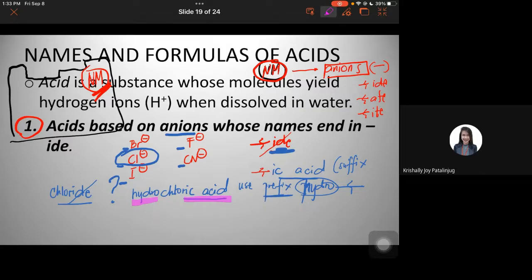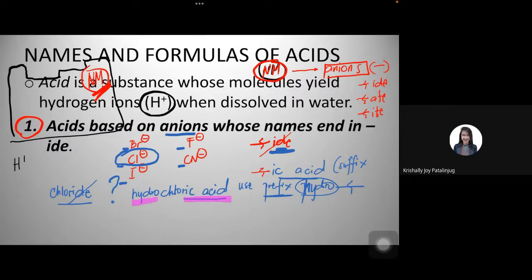Now, next question, how do you write the formula of hydrochloric acid? Remember, acids are said to be proton donors, or they yield or release hydrogen ion when dissolved in water. What you will do is simply add H plus with that chloride ion.